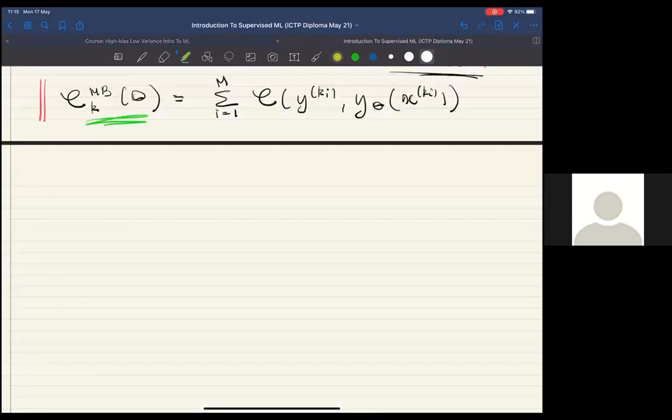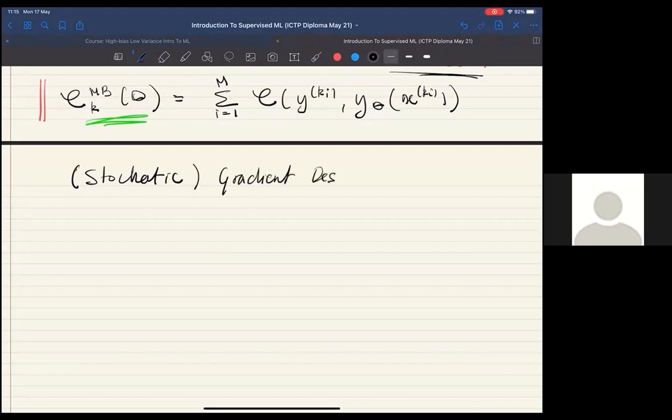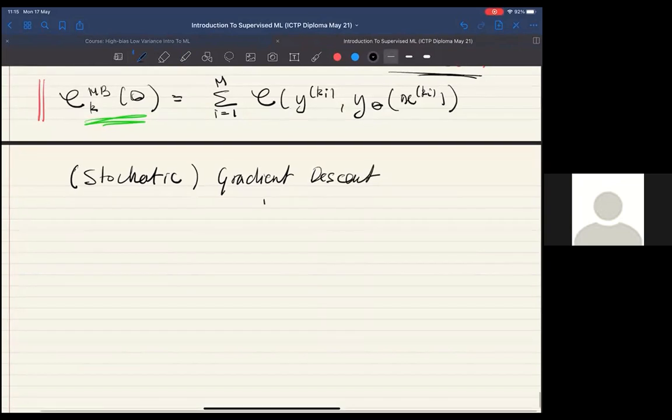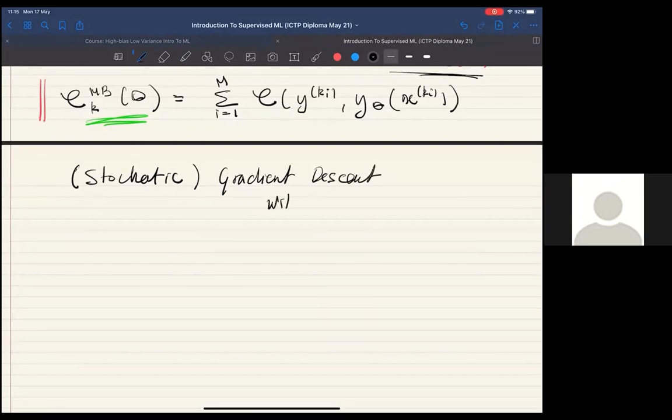What does momentum mean? This is yet another version of gradient descent, which now looks like this. So let me write: stochastic gradient descent with momentum.